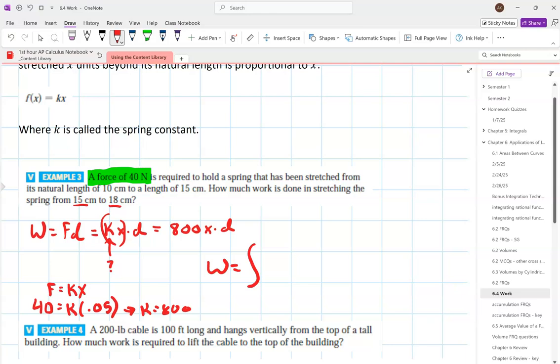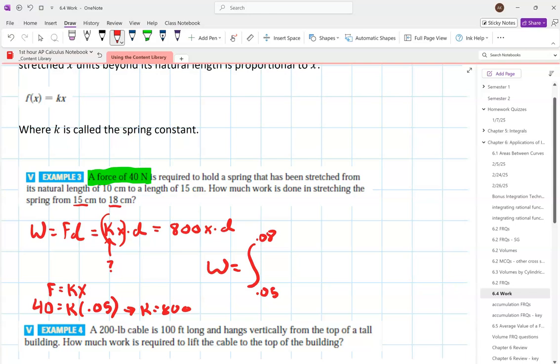So what do I want to do there? I need to make sure I do a unit conversion, but I'm not really stretching it from 15 centimeters to 18 centimeters. I'm stretching it from 5 centimeters past its natural length to 8 centimeters past its natural length. So my bounds of integration really should be those guys, right? Is everybody okay with that?